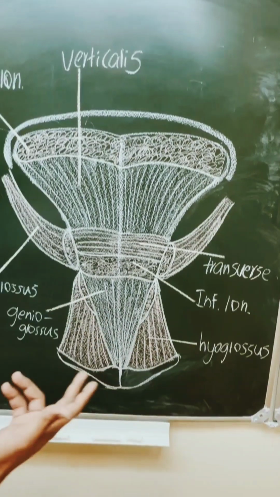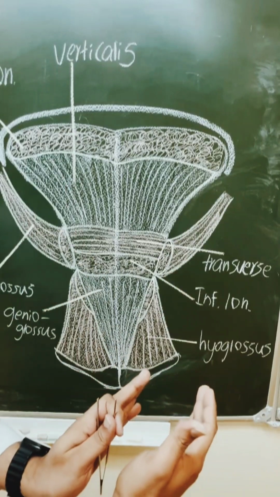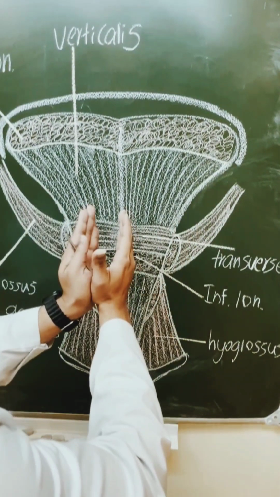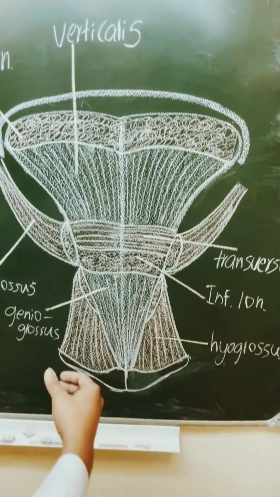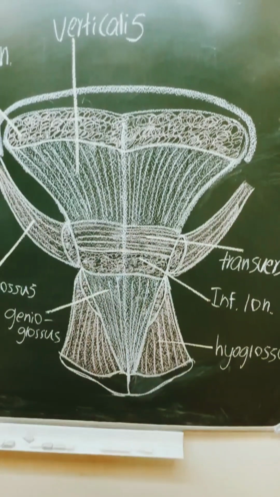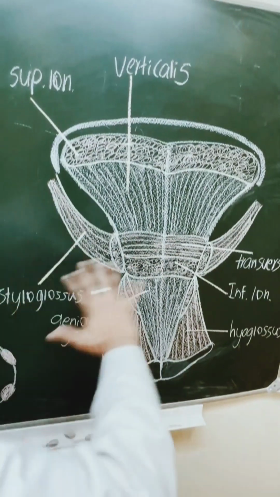So unilateral contraction pulls the tongue to the side of contraction, and with bilateral contraction, the force is coming toward the septum, so it makes the tongue shorter, right? Yeah, that's pretty much about the internal structure.